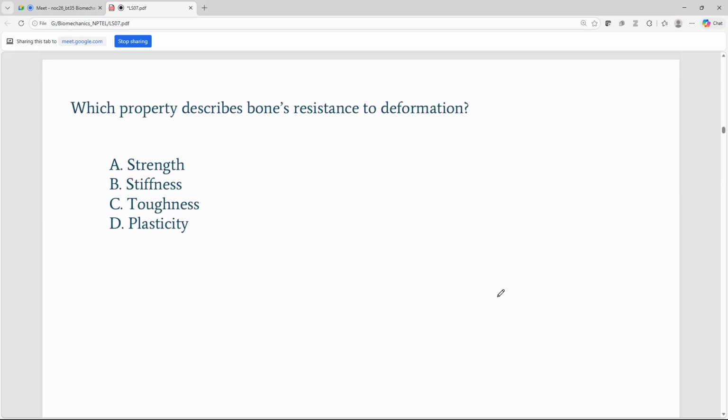Next question: which property describes bone's resistance to deformation? Options are: option A strength, option B stiffness, option C toughness, option D plasticity.